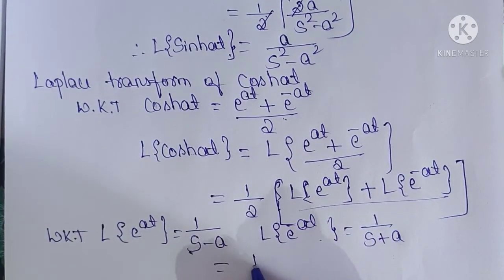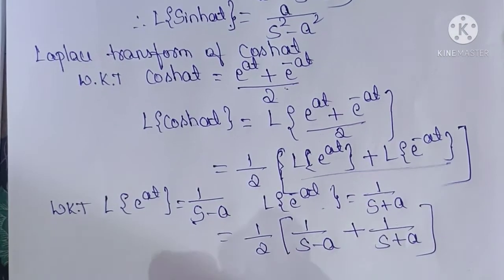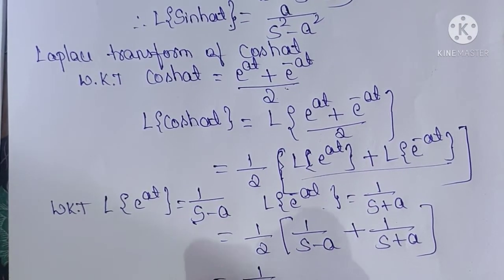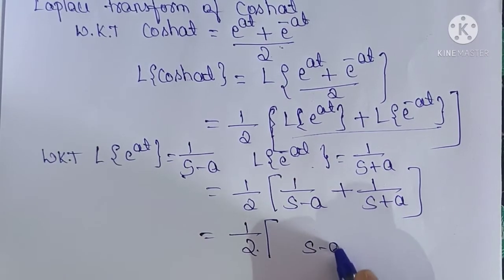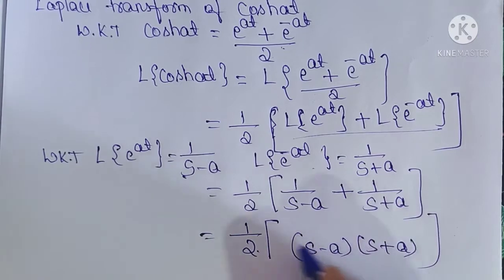We'll get 1/2 into 1/(s minus a) plus 1/(s plus a). Now take the LCM, 1/2 as it is into (s minus a) into (s plus a) is the LCM.